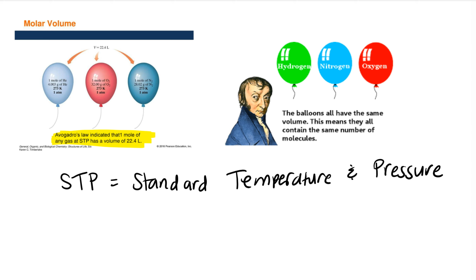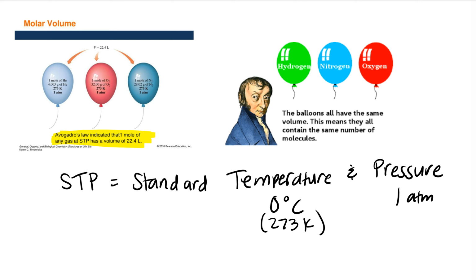This is a specific temperature of 0 degrees Celsius, and a specific pressure of 1 atmosphere. That is the definition of STP: 0 degrees Celsius, also known as 273 Kelvin, and 1 atm of pressure.